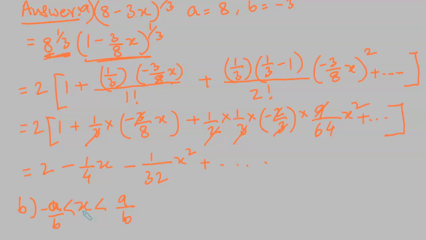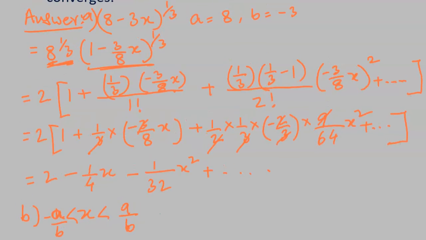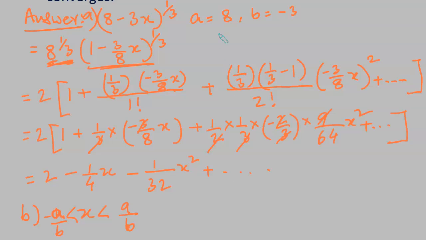So x should be greater than negative a over b and should be less than a over b. In case you do not know why am I writing this relation, you please watch my previous video. Over there I have explained in detail, okay? And we know the values of a and b. They are a equal to 8 and b equal to negative 3.